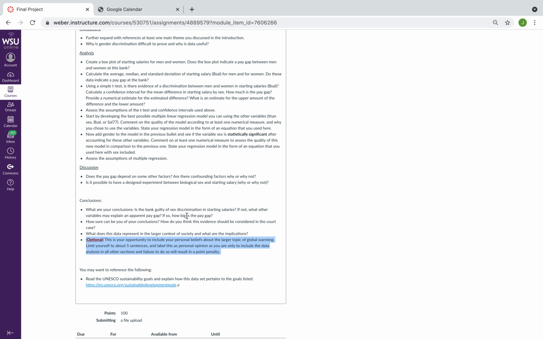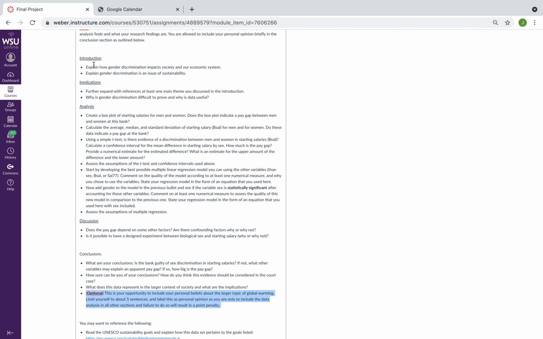Okay, but here I just want you to tell me about society and economics and related to gender discrimination. Explain why it's an issue of sustainability, and then it goes into the data analysis. Now, this is less structured than the other assignment.